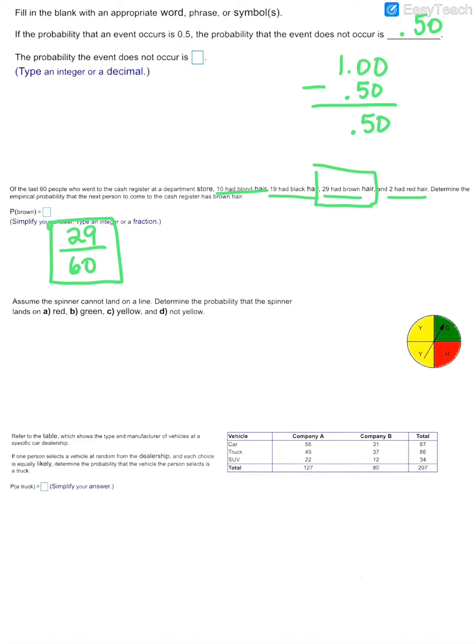Okay, when you're looking at this spinner on the next problem, even though there are only 3 colors, you have to look at equal-sized regions. And so basically there are 4 different equal-sized regions. So on the first part, when they ask me what is the probability that I'm going to spin the color red, there's only one section of that spinner out of the 4 equal parts that are red.